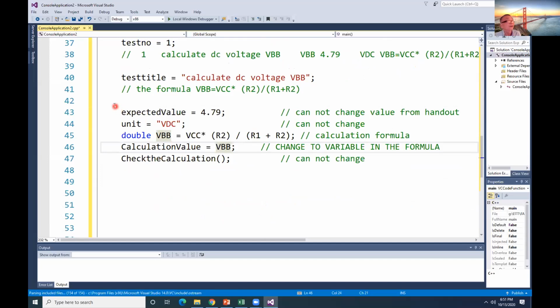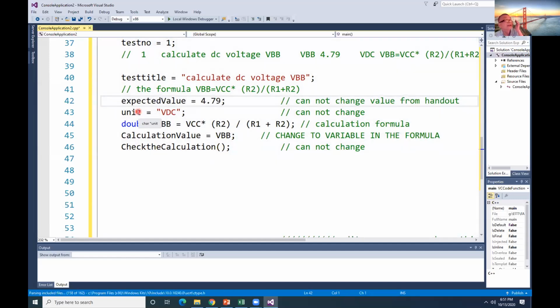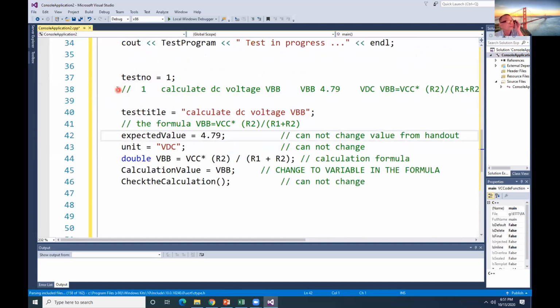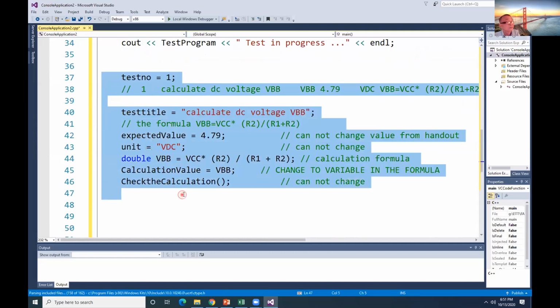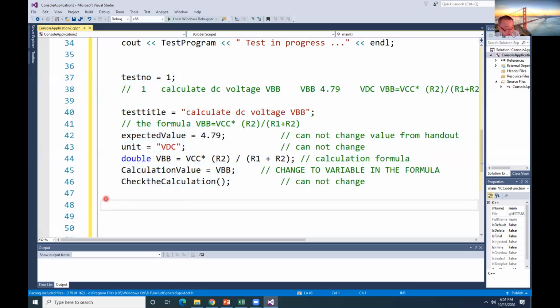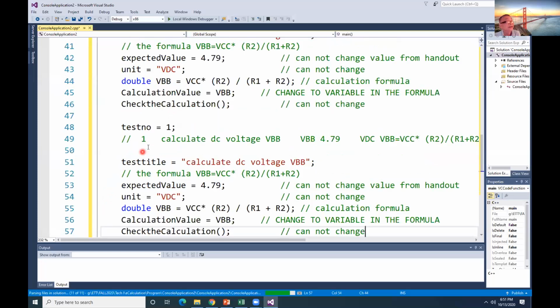You want to do the second one. I'll just do the second one for you. Copy that number one, Control C, Control V. Change that number one to number two.